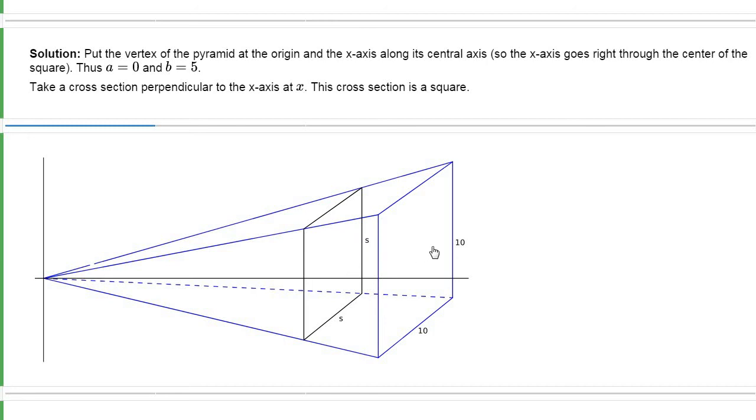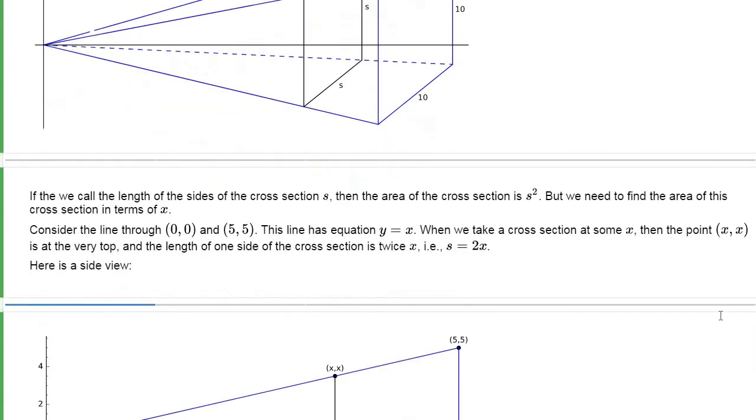The key here is to figure out, well, how long is this side in terms of x? Remember, x is the distance from the vertex down to here, and I need to know how long this side is. There are different ways to do this. One way is to use similar triangles, and that's probably the simplest way if you remember similar triangles from geometry.